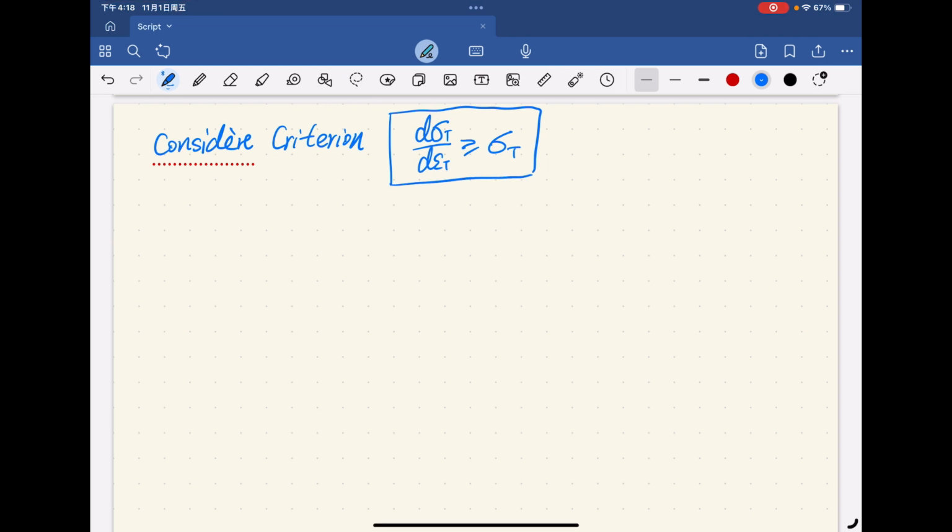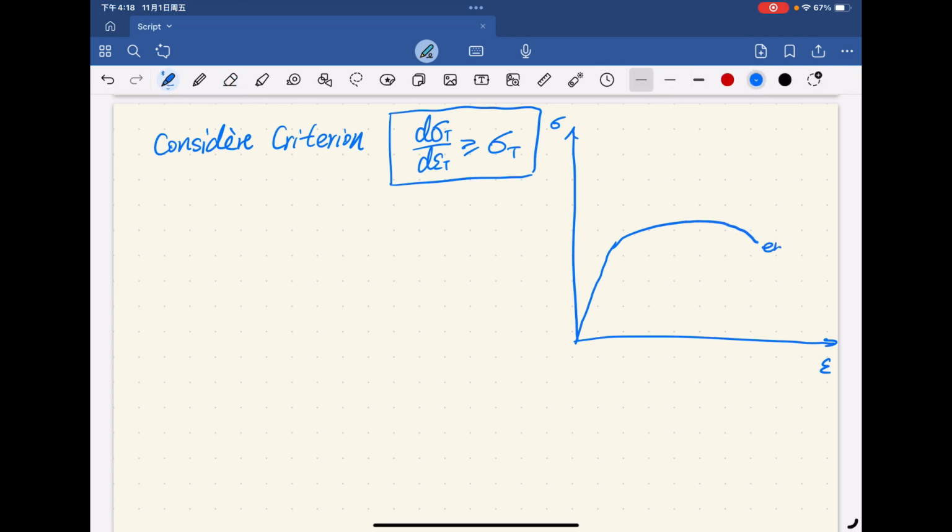But first of all, in a typical stress strain curve, we should plot first. For engineering stress and engineering strain, the engineering stress strain curve usually has an ultimate point.